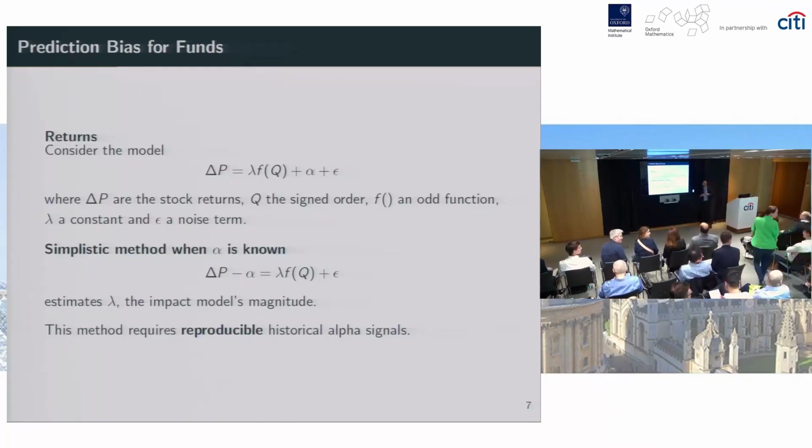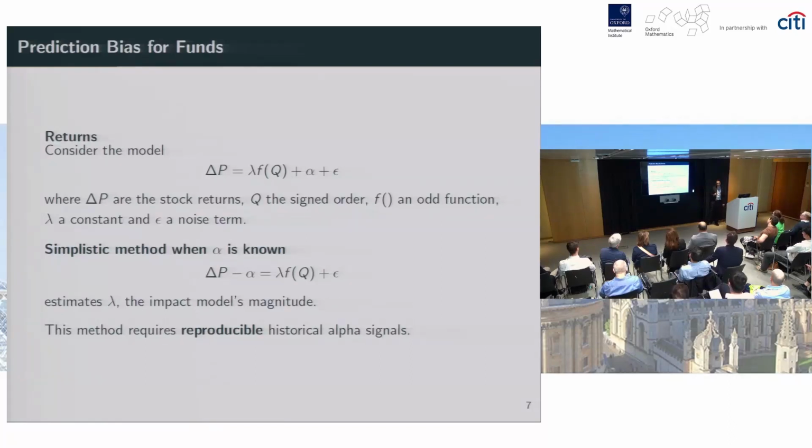I have a question. Say you do have access to the historical alpha, but that was the predicted, not the realized. One thing you could do would be to regress f of q against delta p minus alpha.